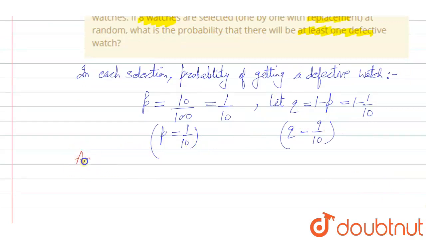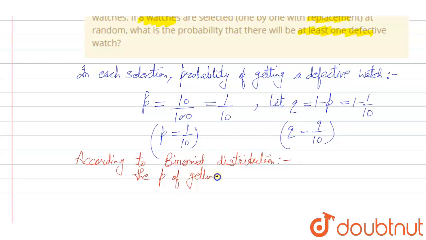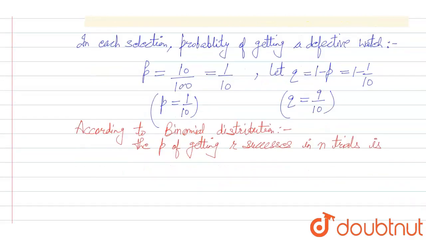According to binomial distribution, the probability of getting r successes in n trials is given as P(X = r) = nCr p^r q^(n-r), where p is the probability of success in each trial and q is the probability of failure in each trial.